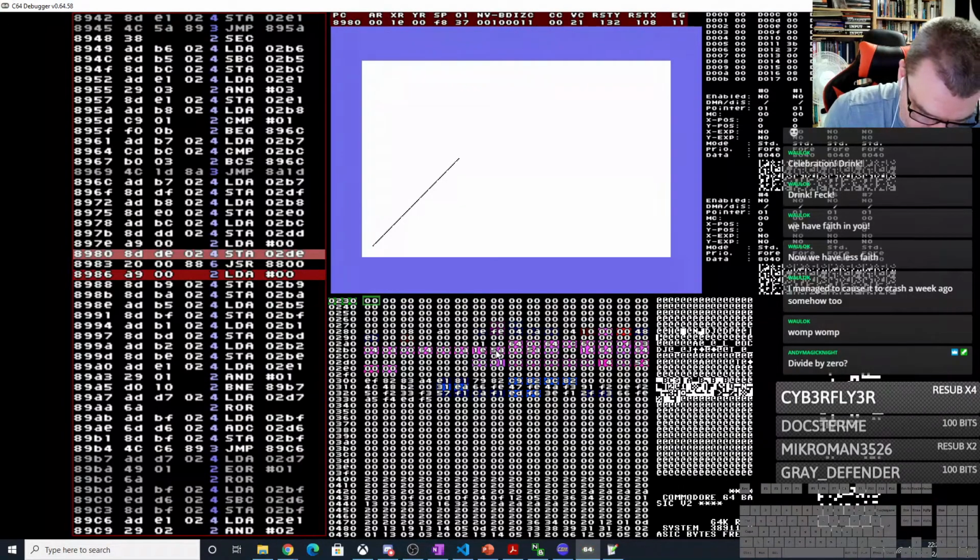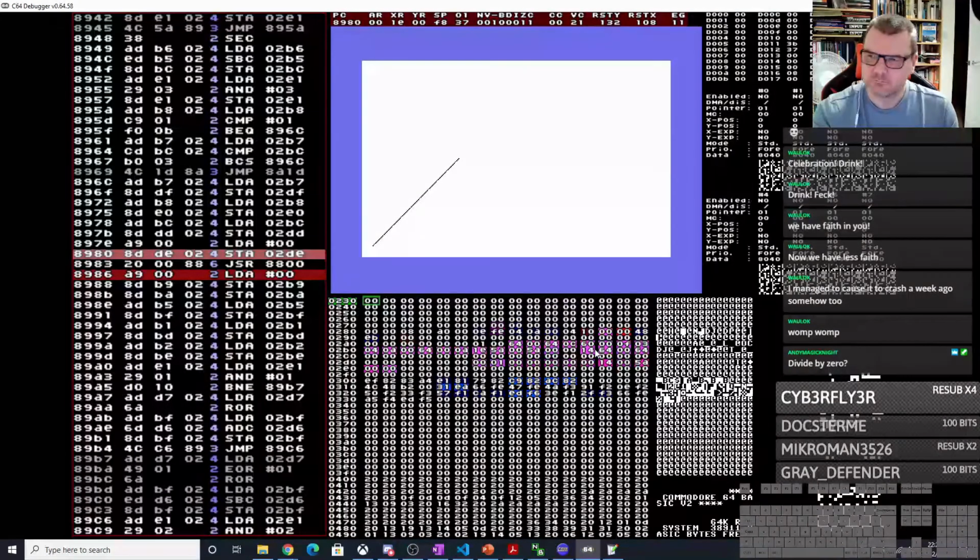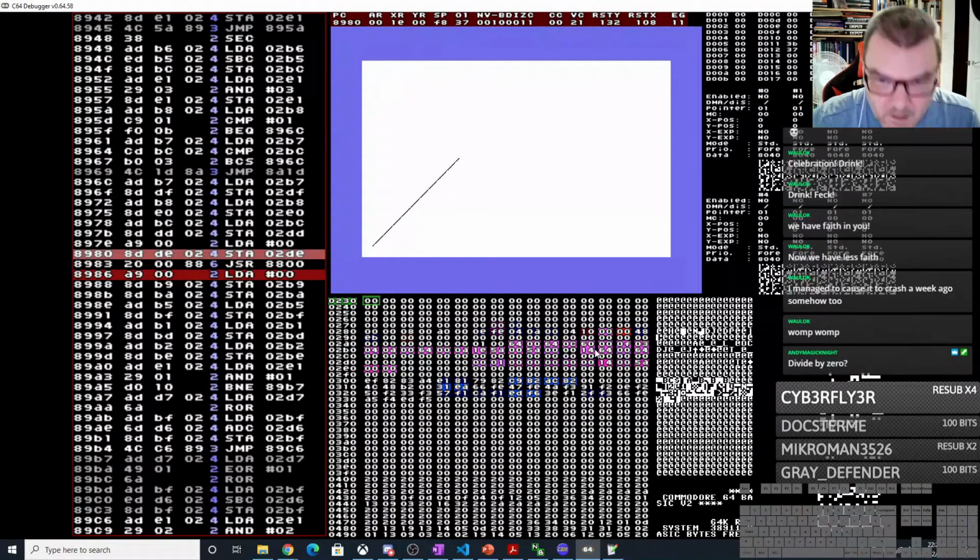So 5A is 100. Yep. That's the delta. So the delta for Y is BC. So 7, 8, 9, A, B, C is 14. Which is right. Because 14 is equal to 20. Because we start at 10 and finish at 30. So 5A is 90, isn't it? Yeah. Right then.